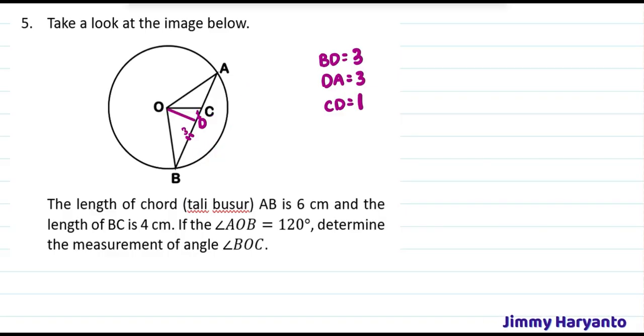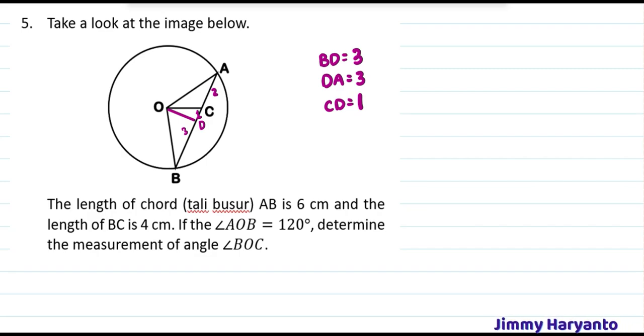So CD equals 1. Okay, that's too small. This one is D. So BD equals 3, CD equals 1, and AC is 2, because this one is 3 earlier, so AC will be 3 minus 1 equals 2.